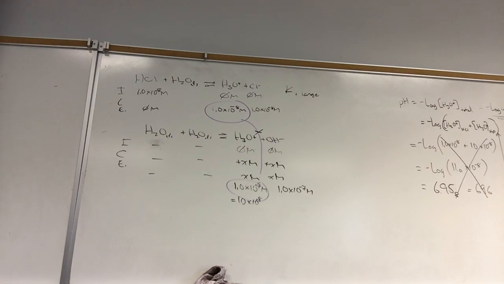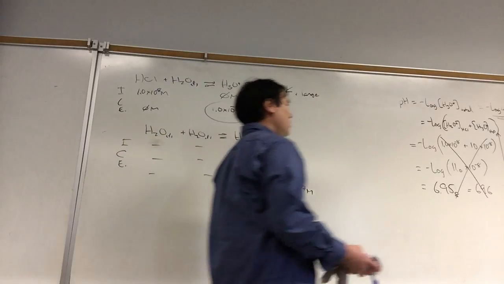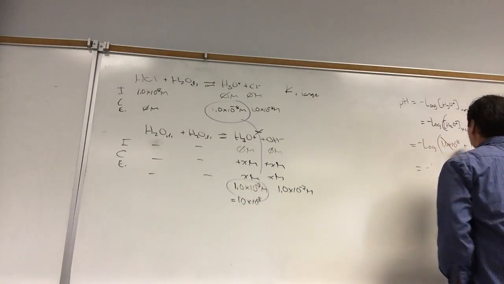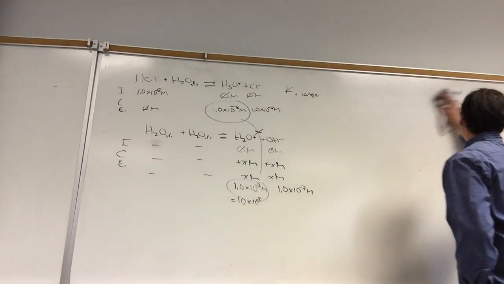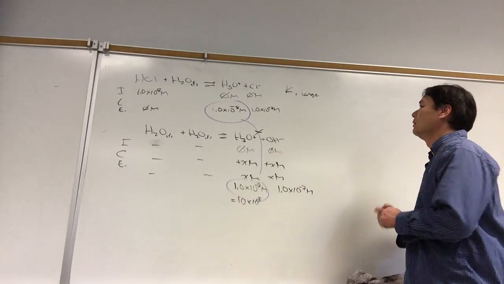This is more work, and so we try to find tricks to avoid doing math, basically. And so the trick that we're going to do is we're going to try to solve this stepwise instead of simultaneous.